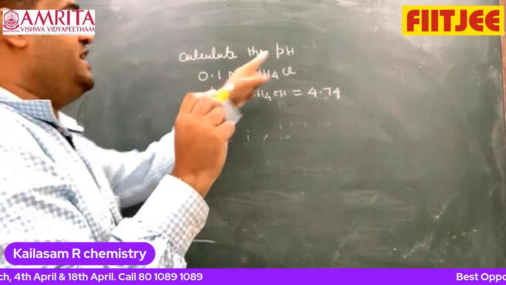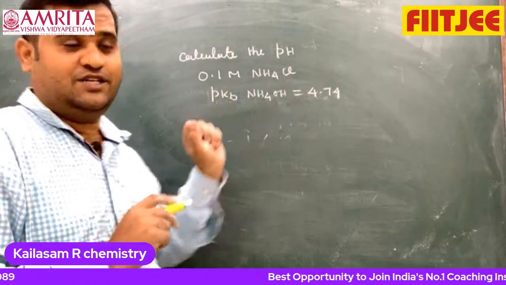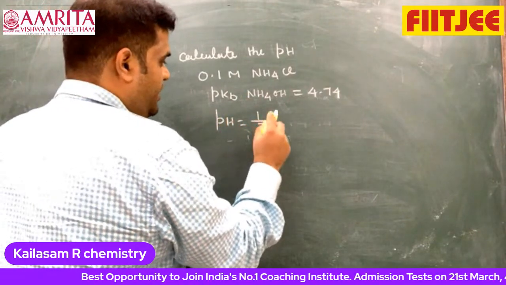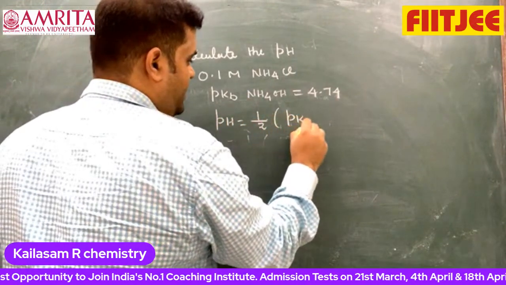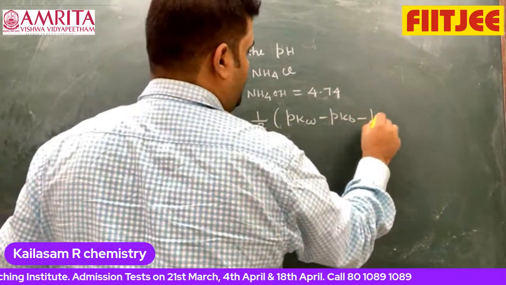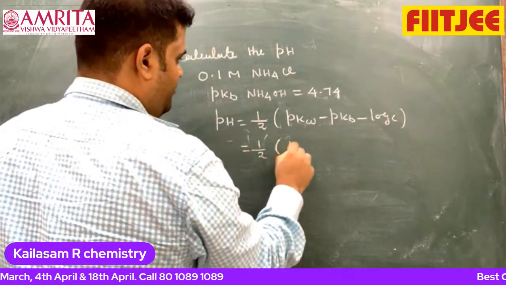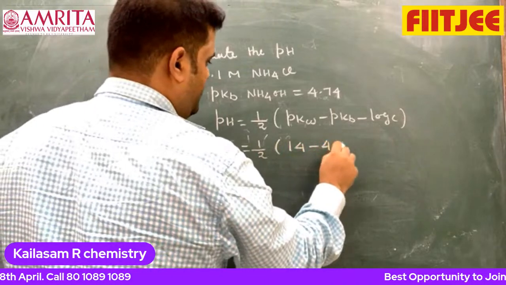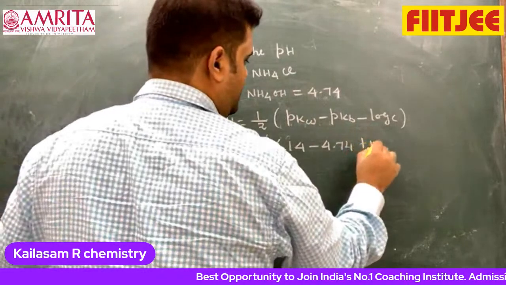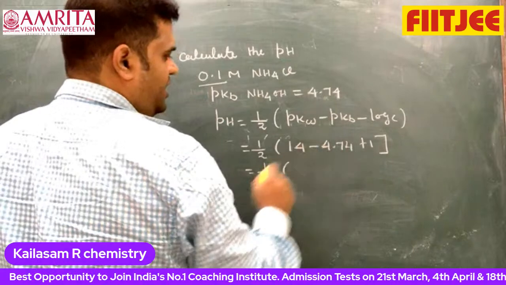This is a combination of weak base and strong acid. So you can write pH is equal to 1 by 2 of pKw minus pKb minus log C. So 1 by 2 of 14 minus 4.74, log C is log 0.1, therefore plus 1.